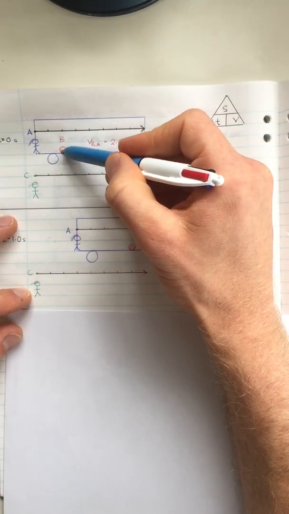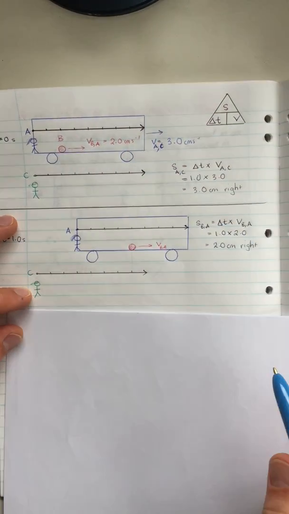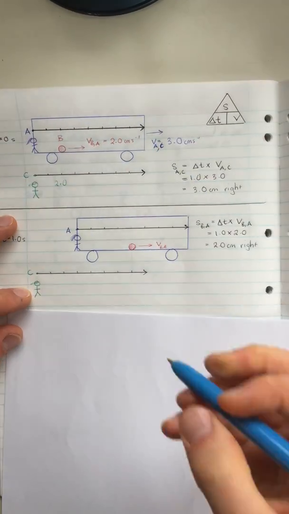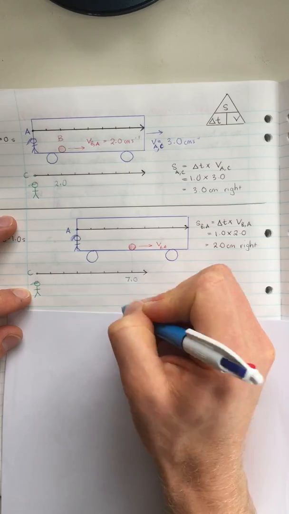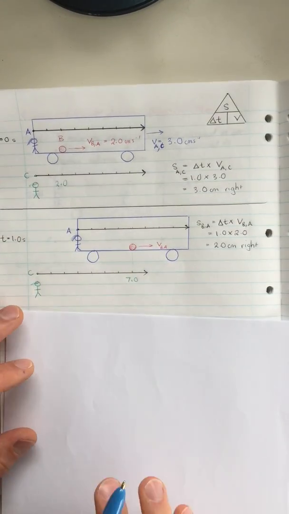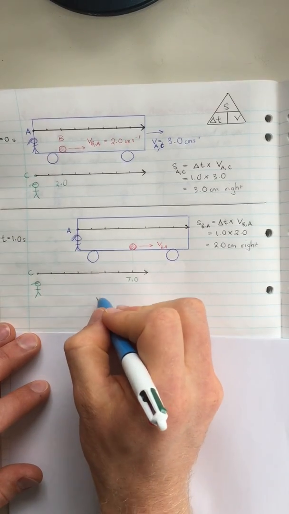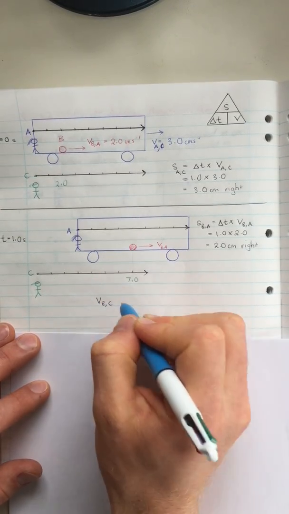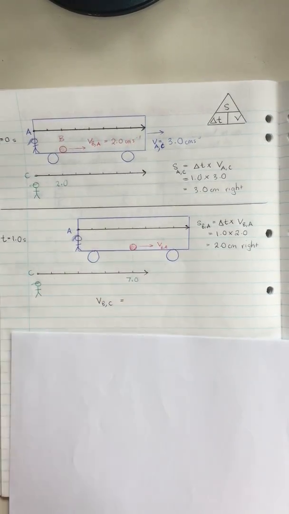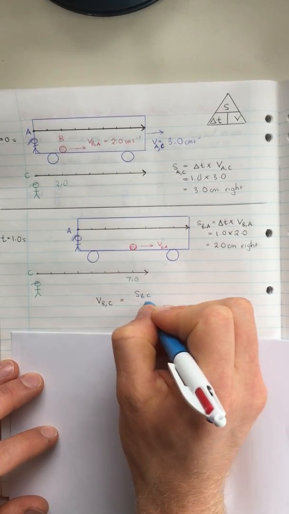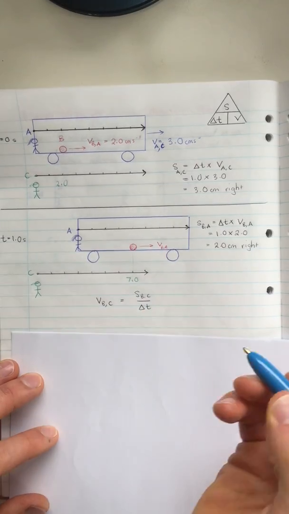And the ball started at this point, which is 2. So Carl measured the ball initially to be at a position of 2, then he measures it to be at a position of 7. To figure out the velocity of the ball relative to Carl, we just use displacement divided by time. So the displacement of the ball relative to Carl divided by the change in time.